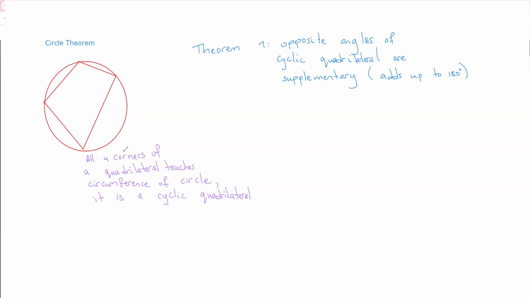Once you have a cyclic quadrilateral, the opposite angles, so let's say this one and this one, they're facing each other, so they're opposite.